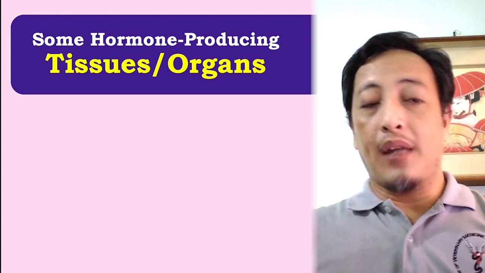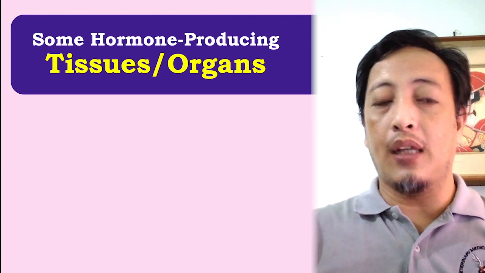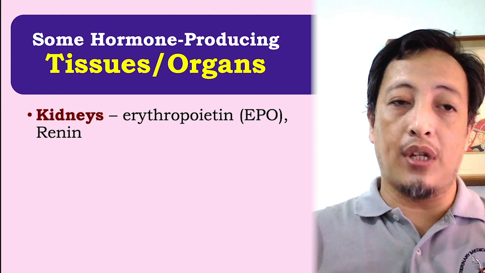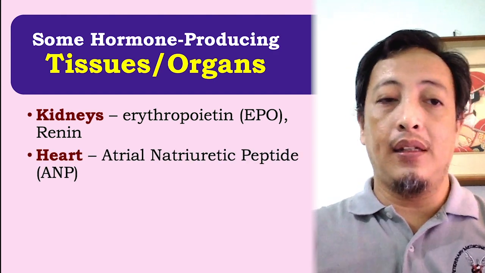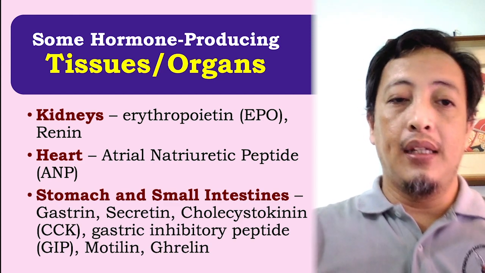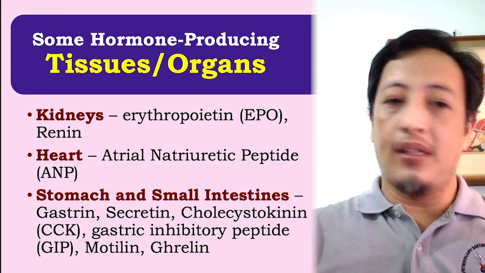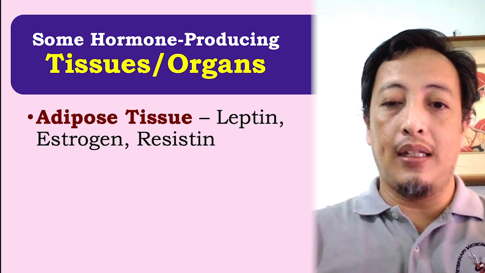So, going back, kasi 9 lang yung classic glands, yung iba hindi na tinatawag na glands, but they produce hormones. And these examples are kidneys, which produce erythropoietin and renin, the heart, which produces the atrial natriuretic peptide, the stomach and small intestines, which produce gastrin, secretin, cholecystokinin, GIP, motilin, and ghrelin.